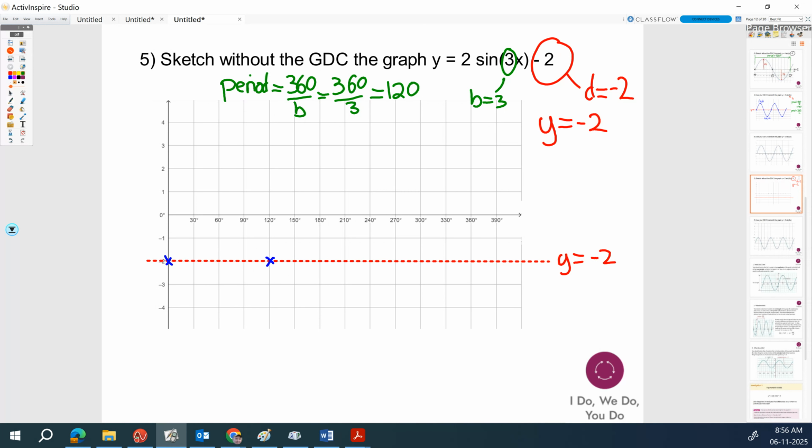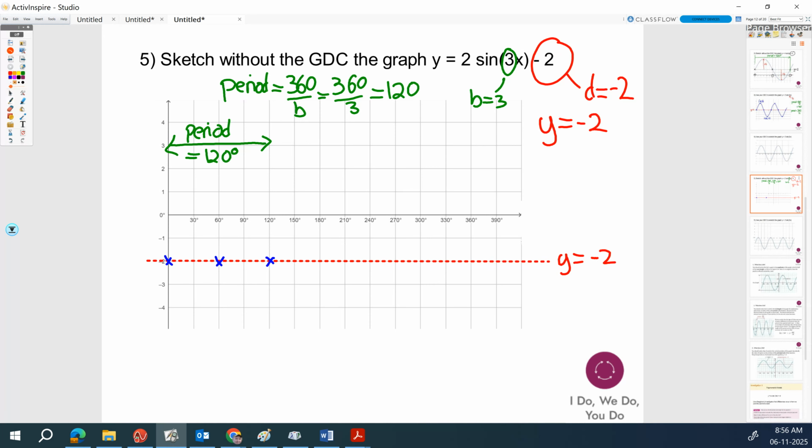This length here is the period. Our period is equal to 120 degrees. So it's going to cross halfway along that period as well. So halfway between 120 and 0 is 60. It's going to cross here. So it will cross 3 times in one period.